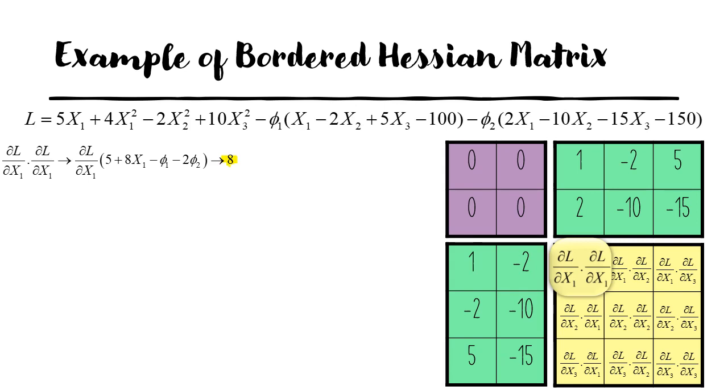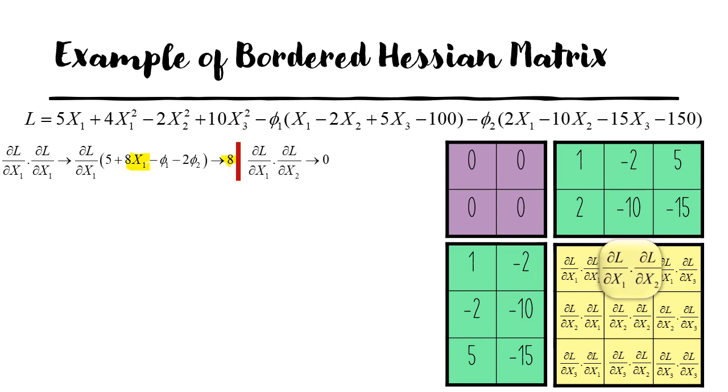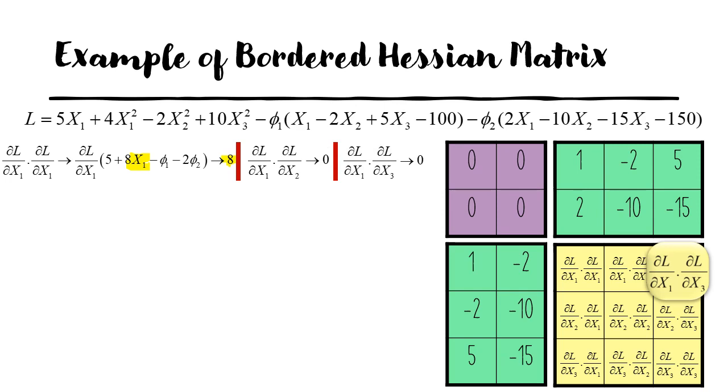Next, I am going to partially differentiate with respect to x1 first, and then with respect to x2. I don't have an x2 term here, only an x1 term, so when I partially differentiate this, I will get 0. Similarly, when I partially differentiate the next one, dou L by dou x3, that will also be 0.